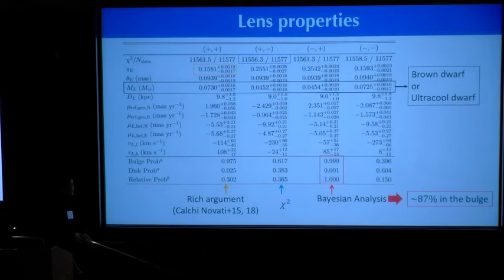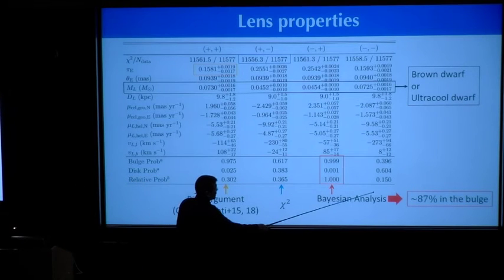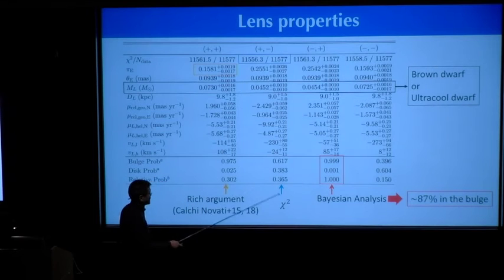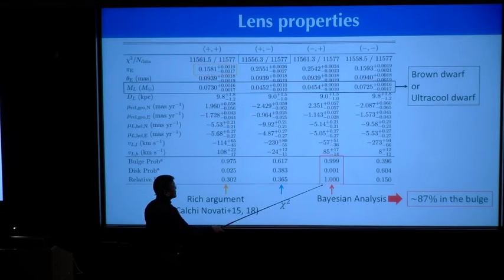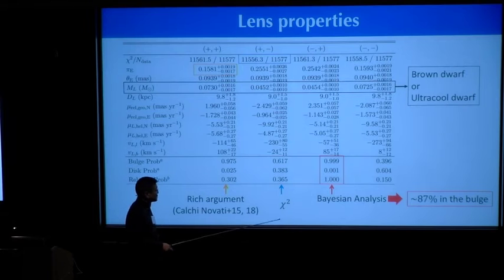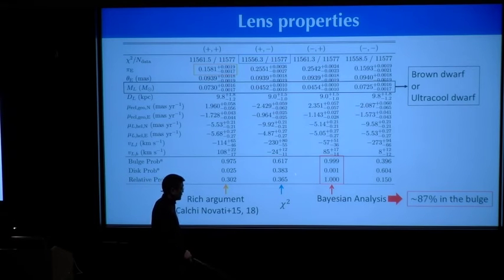We can obtain the probabilities of the lens being in the bulge and in the disk. And these models also give the posterior probabilities of these various models. So in fact, this model, the minus-plus solution, is preferred by the posterior probability.